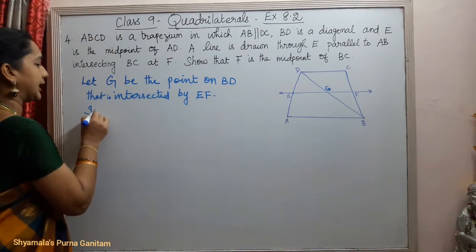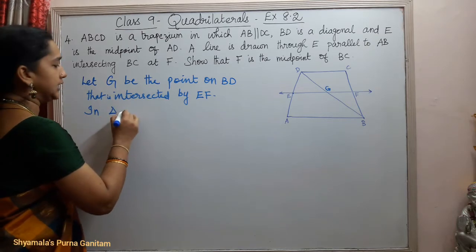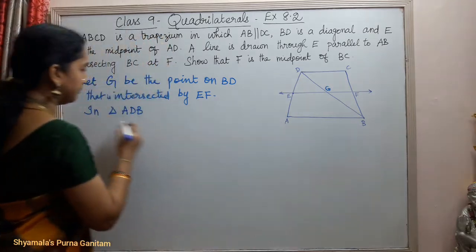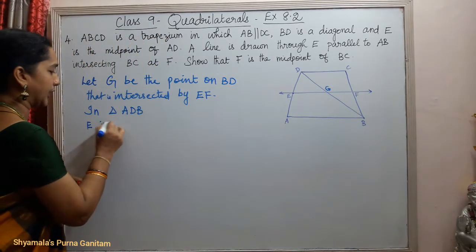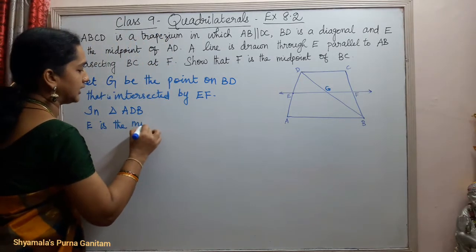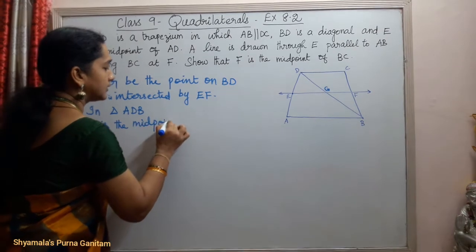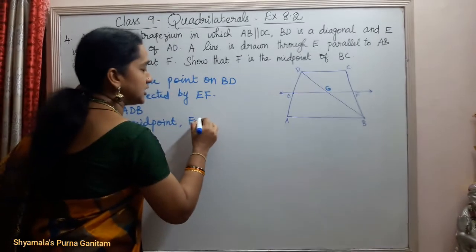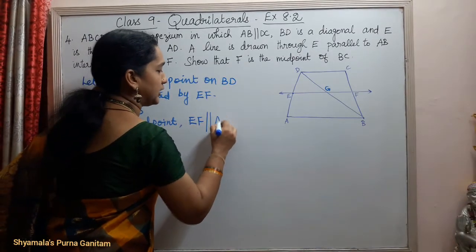Okay, so now we will take the triangle. In triangle ADB, E is the midpoint of AD and EF is parallel to AB.